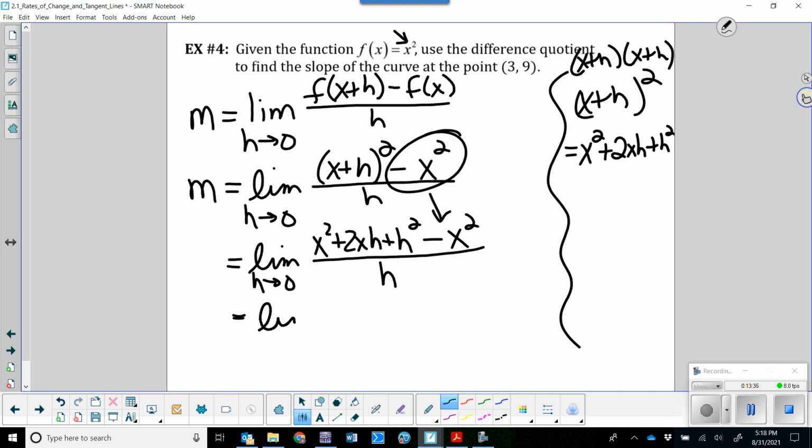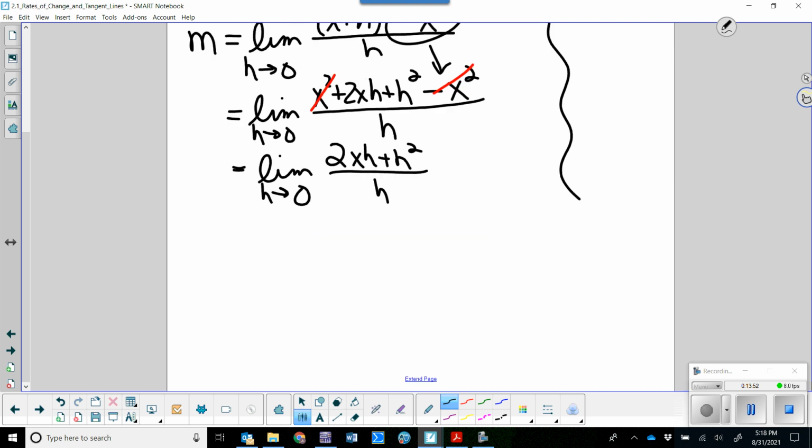Well, let's simplify things a bit. So what do we notice here? Well, we notice that x squared minus x squared, right? Those will go away. So I will end up with 2xh plus h squared over h. And then remember, we've practiced this when we did our review, but what you're technically doing is factoring out an h in the top.